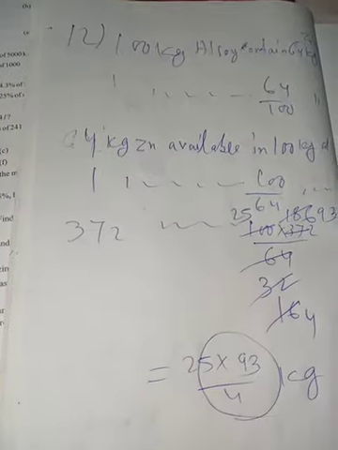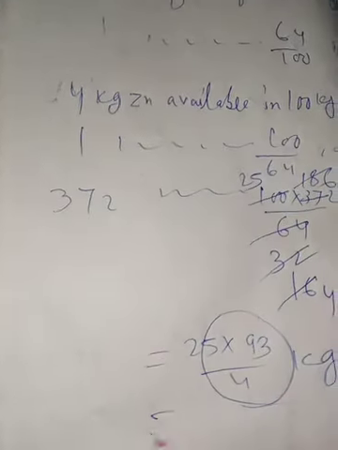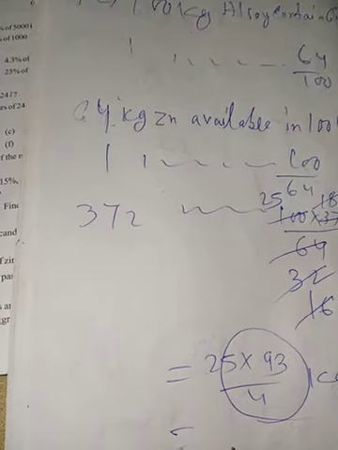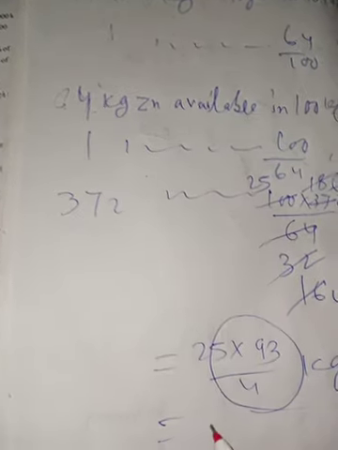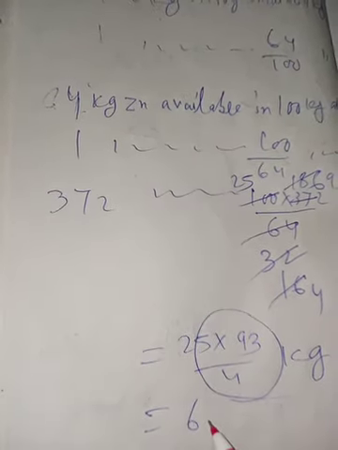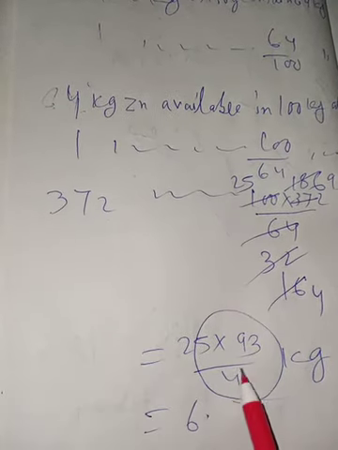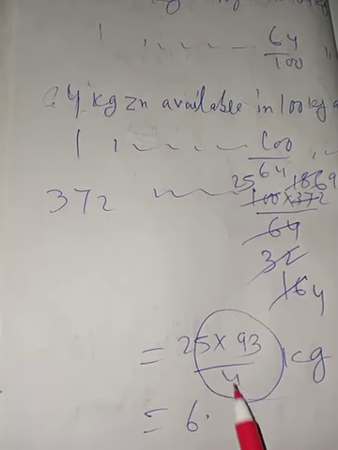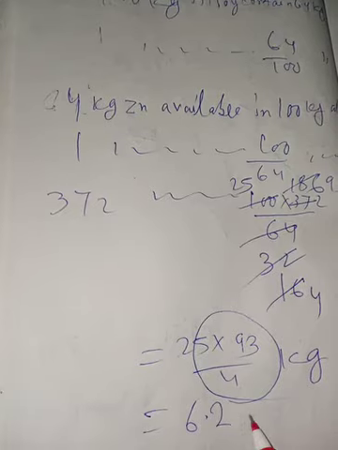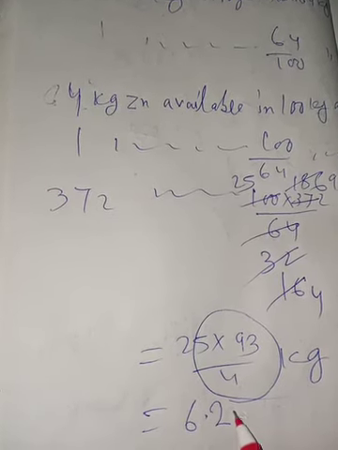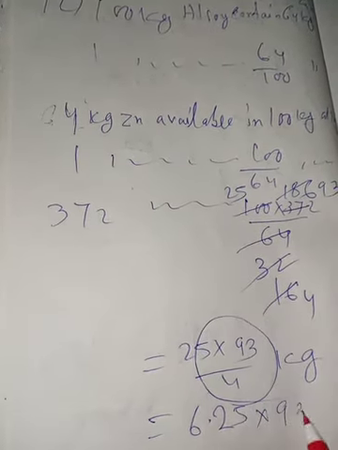Now convert it in decimal, you will get the answer. 93 by 4 means 6.25 into 93. Multiply it, you will get the answer. So maths are very easy, just need to understand it carefully.